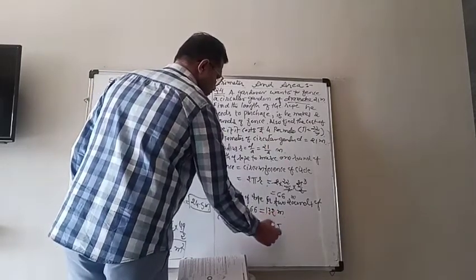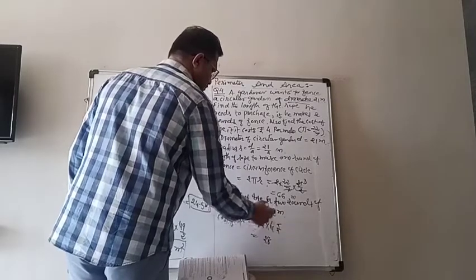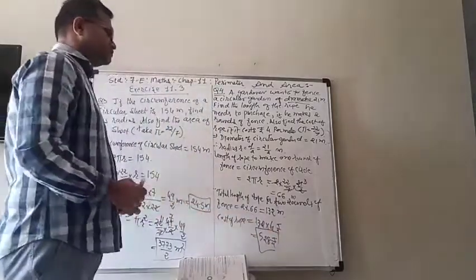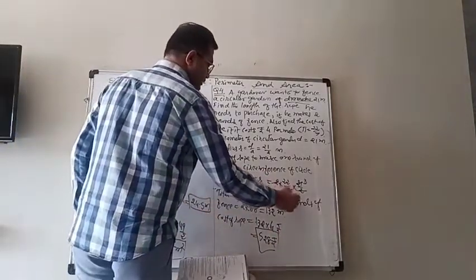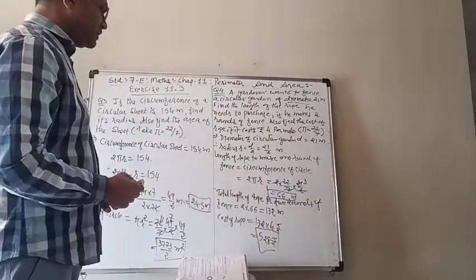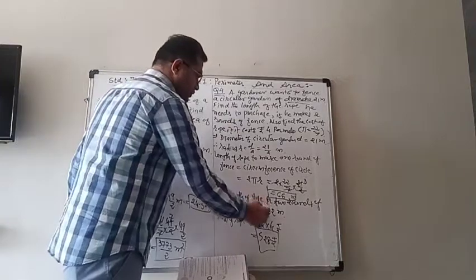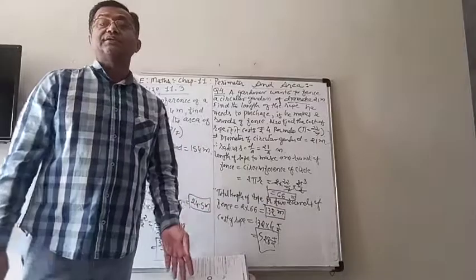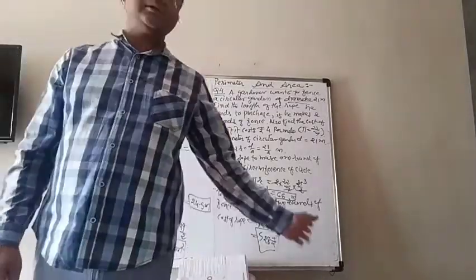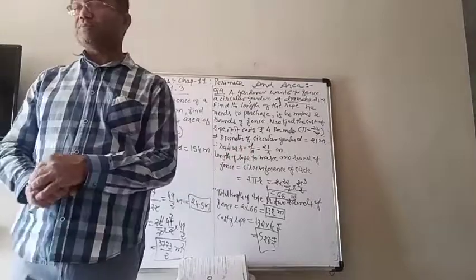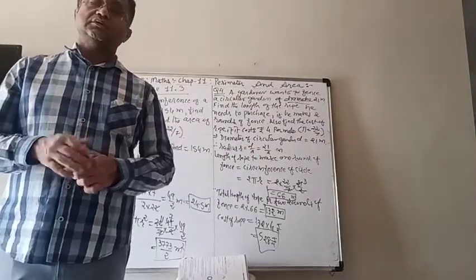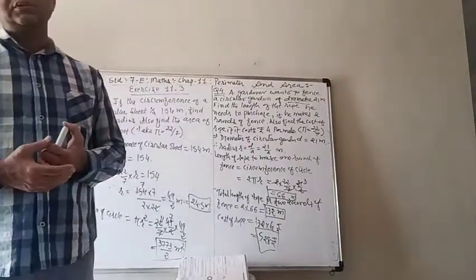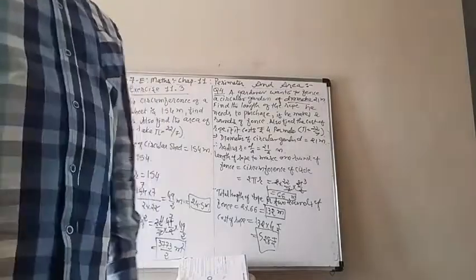So 4 2s are 8, 4 3s are 12, carry 1, 4 1s are 4 plus 1 is 5. So the length of the rope for 1 round is 66 meter, and for the 2 rounds the total length is 132 meter, and the cost is 528 rupees. So here we are going to finish the session, followed by the PDF, and any confusion, write down in the comment section. Thank you very much.